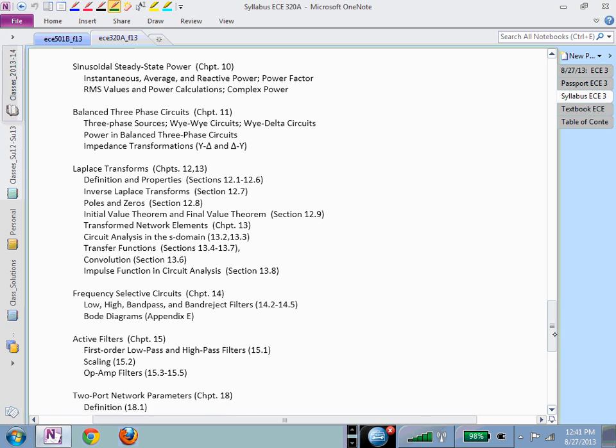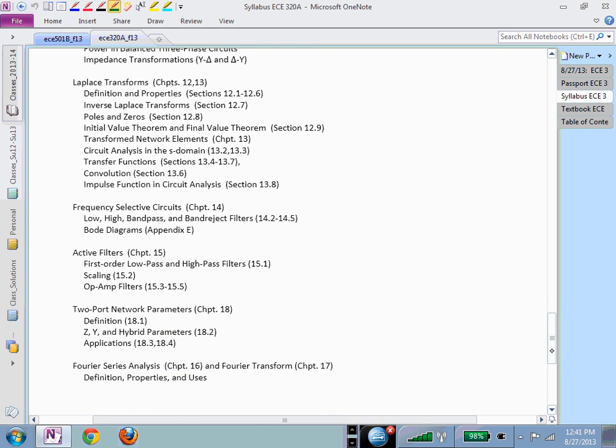Maybe we will cover 2-port networks before we get into Fourier series, which are 16 and 17, but at that point, it doesn't matter that we're jumping around. You've already had sufficient information to be able to perform up to what you need by chapter 18 once we've covered, let's say, chapter 14.